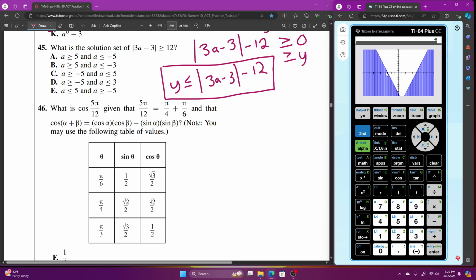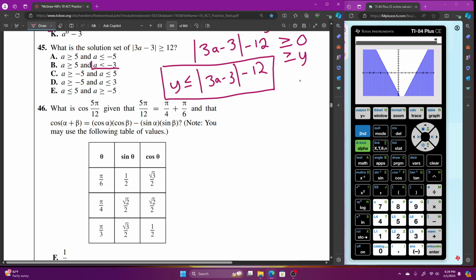Okay, and this is where you can see that it's less when y is less than negative 3 here, or a is less than negative 3. That's the only one that's got it.